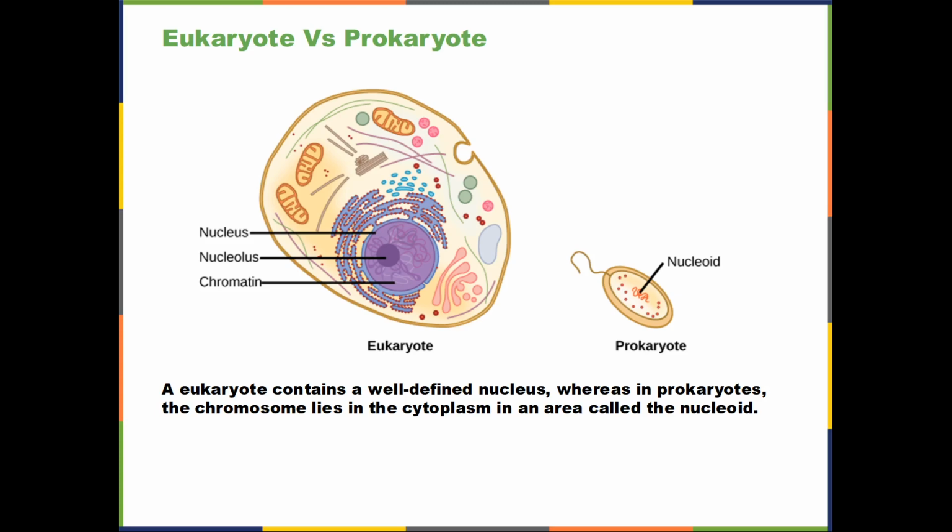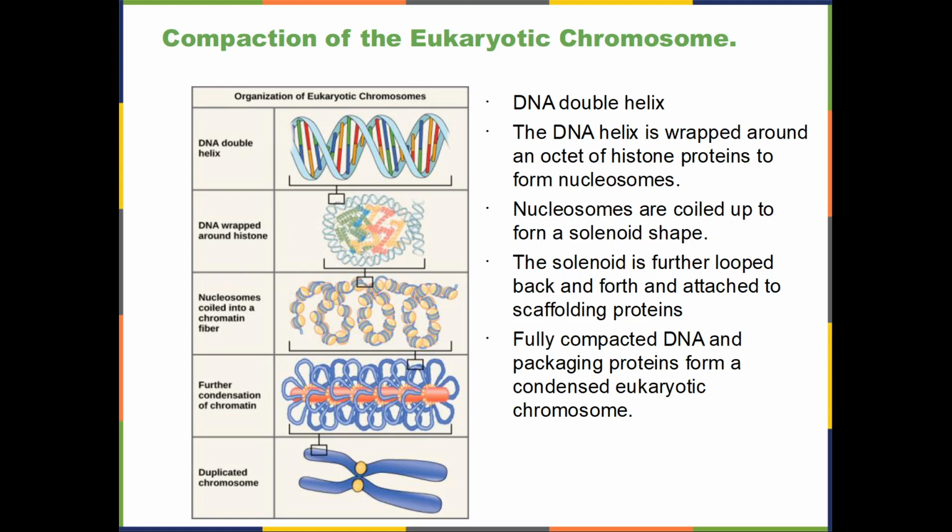Now, our cells, eukaryotes, have an even longer length of DNA, and so we require significantly more compacting and a much more complex packing mechanism. The way our DNA is packed is that it is wrapped around these spools called histone molecules.